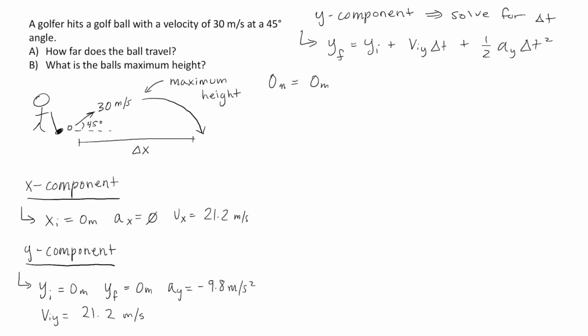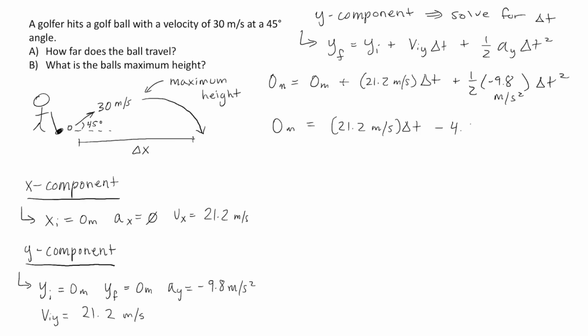And all we have to do is plug in our values and then simplify. And what we find is we have 0 meters is equal to 21.2 meters per second times delta t minus 4.9 meters per second squared times delta t squared. Now from here, the math might start getting a little confusing. But don't worry, all we have to do is common factor out delta t.